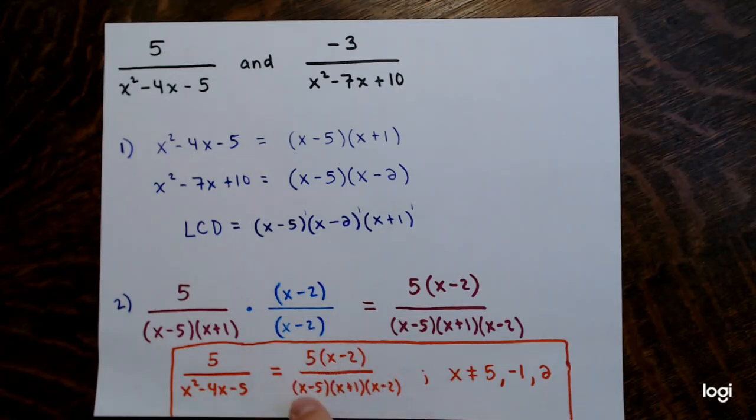All right, then over here, if x were 0, you'd have 5 times 0 minus 2. 5 times negative 2 in the numerator, negative 10, divided by, and then negative 5 times 1, so negative 5 times negative 2 would be positive 10. You'd have negative 10 in the numerator, positive 10 in the denominator, so a value of negative 1, right? Negative 10 divided by 10 would be negative 1.